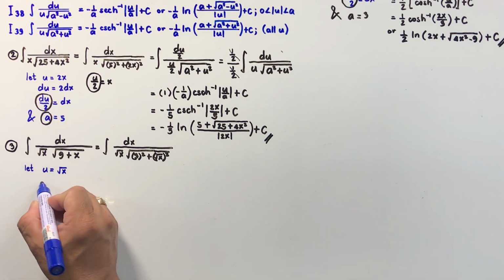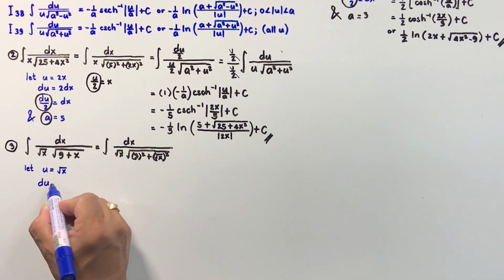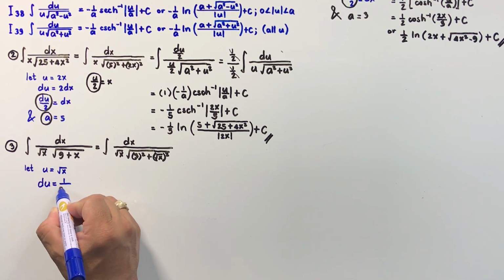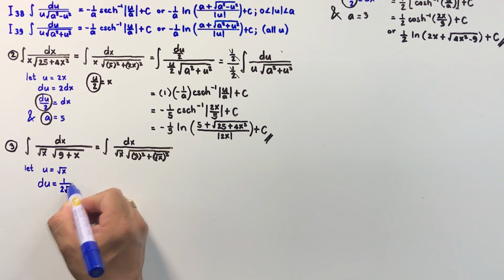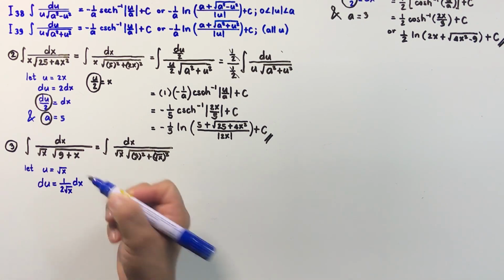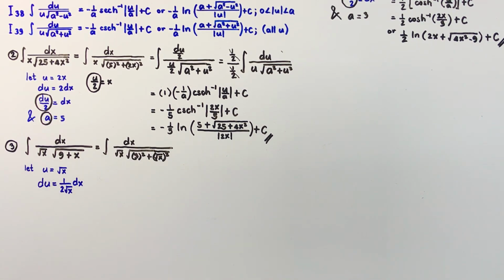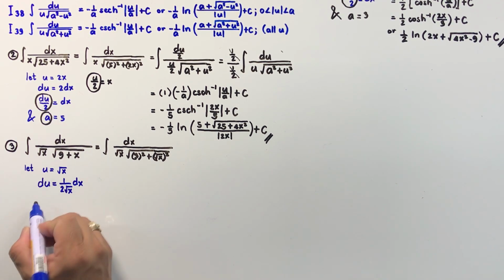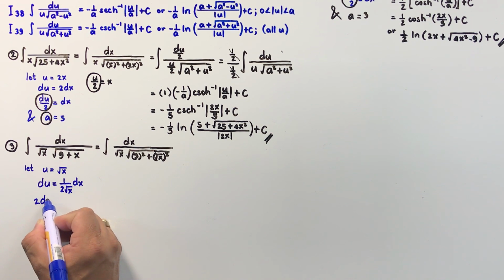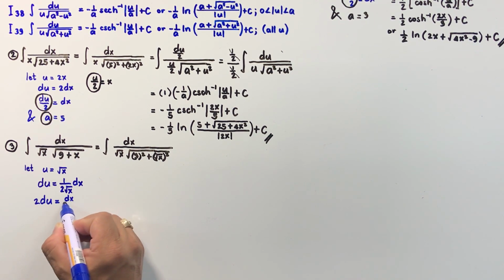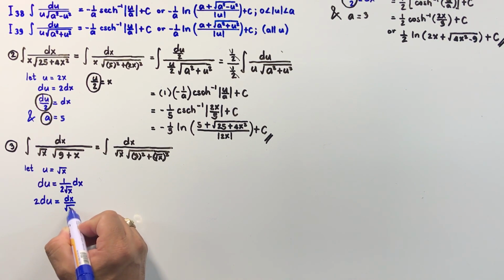But when you take the differential of u, we have the differential of this, which is 1 over 2 square root of x dx. And because we don't have a 2 as a coefficient here in our integrand, we need to multiply both sides of the equation by 2. So we have 2 du, which is equal to dx over the square root of x.